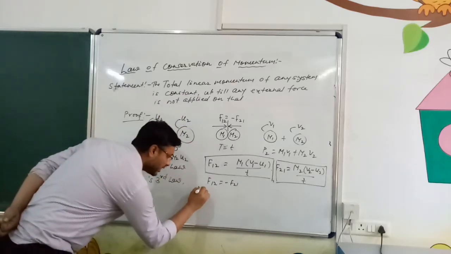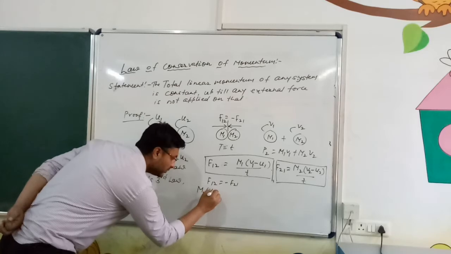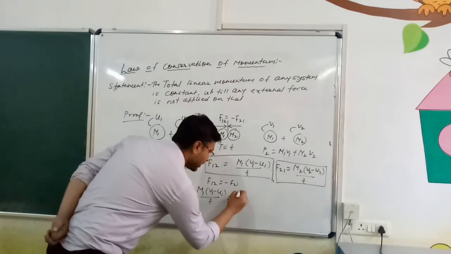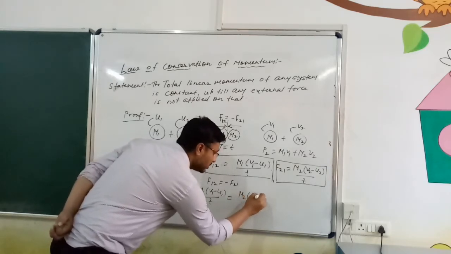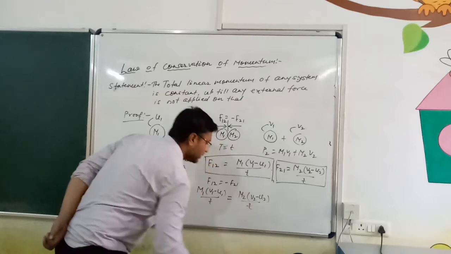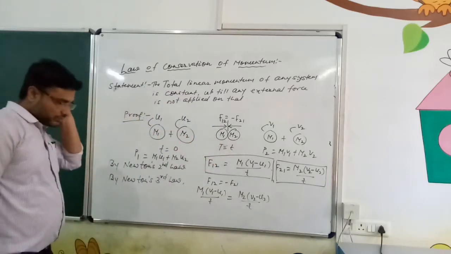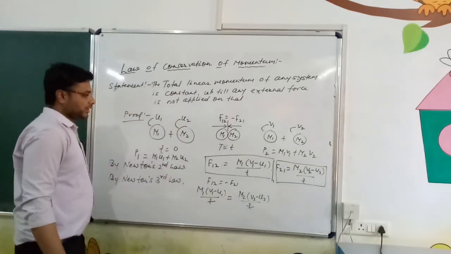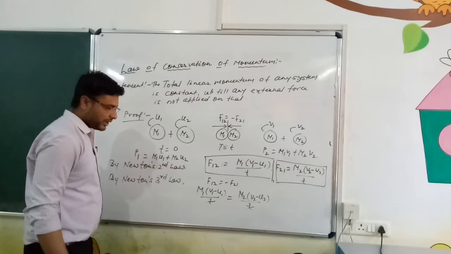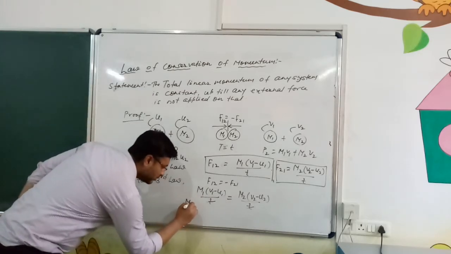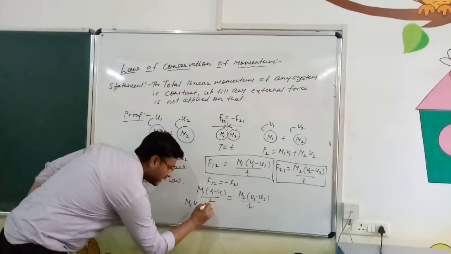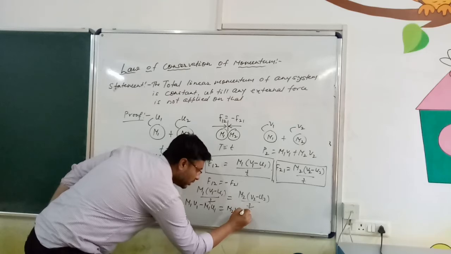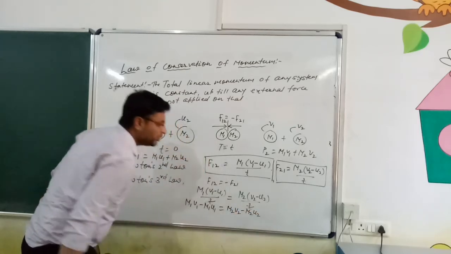Now we have F12 equals m1 (v1 minus u1) upon t, equals m2 (v2 minus u2) upon t. In both, the denominator is t, so we can cancel it. After simplification we get m1 v1 minus m1 u1 equals m2 v2 minus m2 u2.